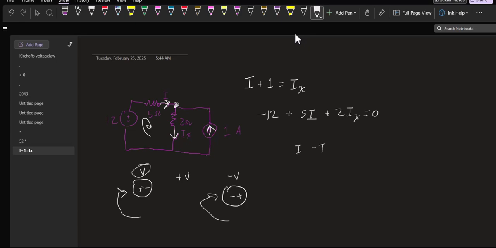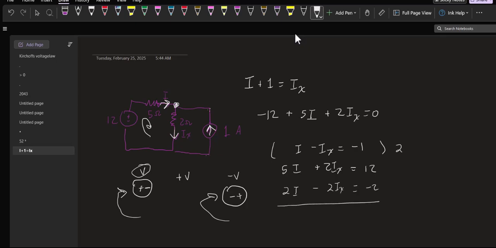And then I'll just rearrange these two equations. I minus IX equals negative 1. That's the mistake I made yesterday, is that I left the negative out when I put it into the calculator. And the bottom equation is 5I plus 2IX, and then if I bring the 12 to the other side, it'd be plus 12. Multiply this top equation through by 2, and then I get 2I minus 2IX equals negative 2.